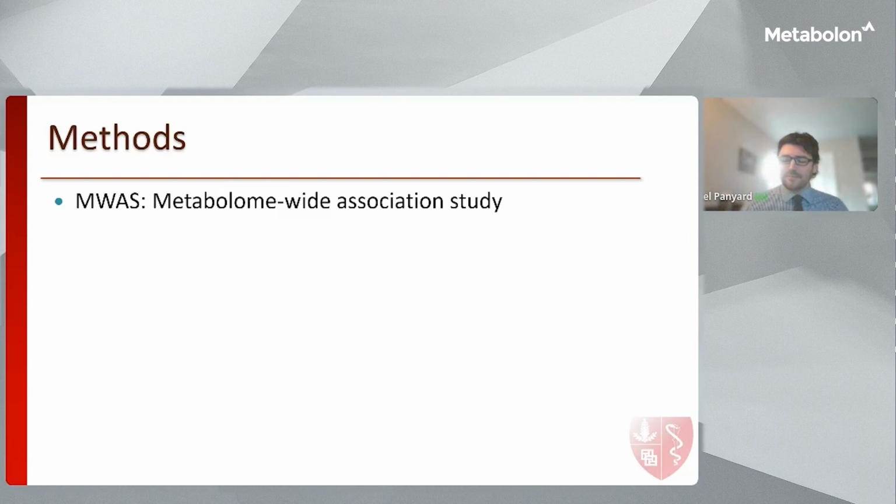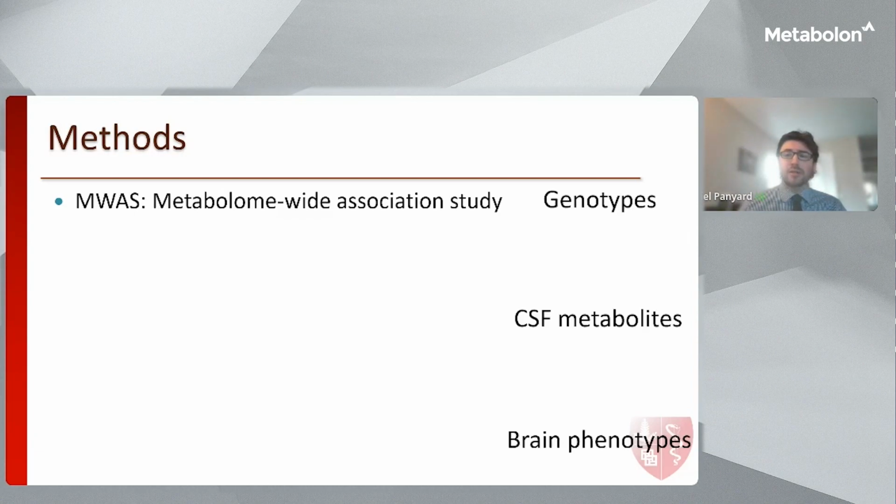If you're not familiar with TWAS, this is the overall concept of what we're doing here. Imagine you've got three main data sets of interest: genetics, metabolites, in our case in CSF, and then brain phenotypes. What you do is, in one data set where you have genetic and metabolomic information, you build predictive models to let you predict CSF metabolite levels using genetic information.